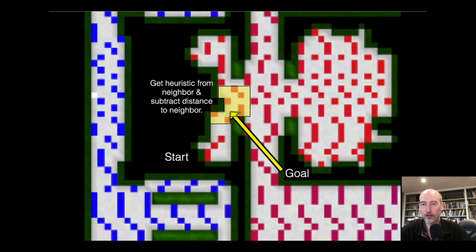So we would just say, well, we're going to treat these neighboring red locations as the goal. Then we compute the heuristic to the neighboring states and subtract the distance from the states to the goal there. And the start state, sorry, is over here where we do happen to have a heuristic.